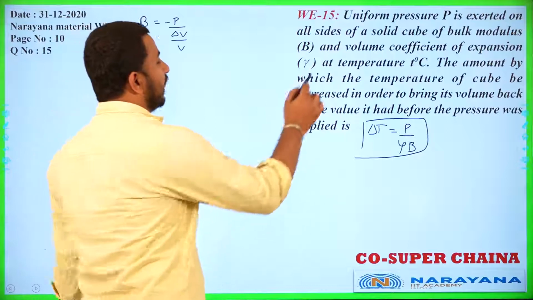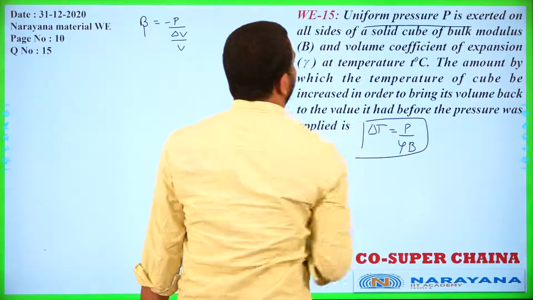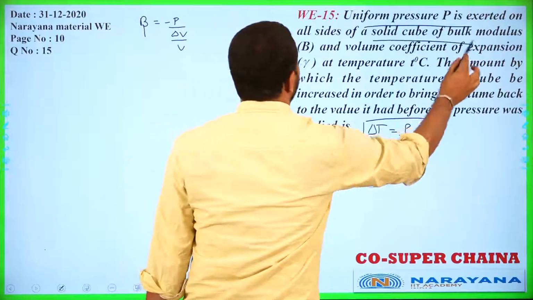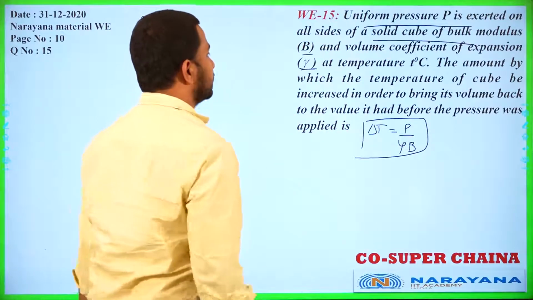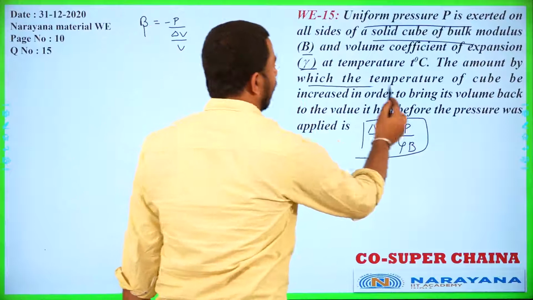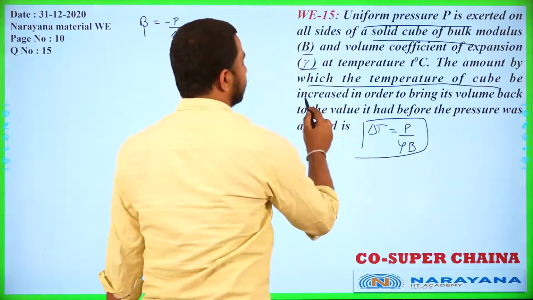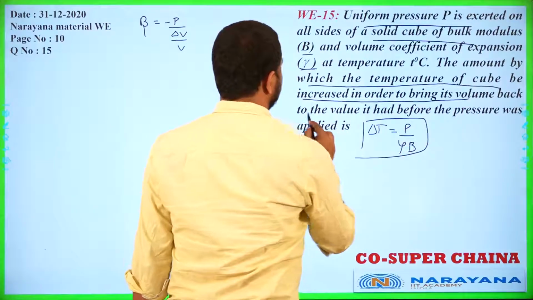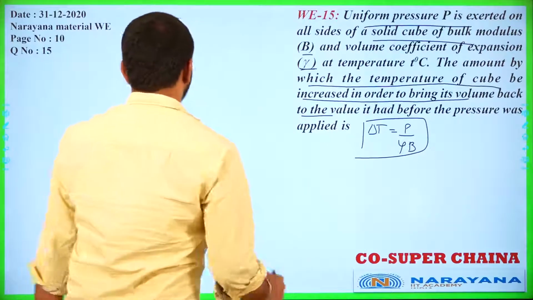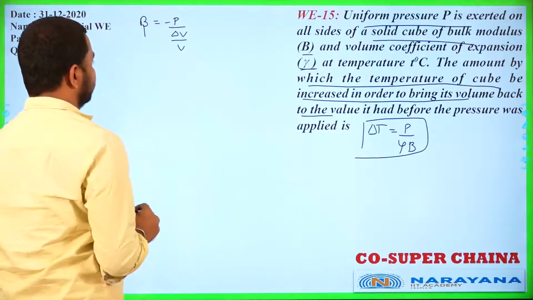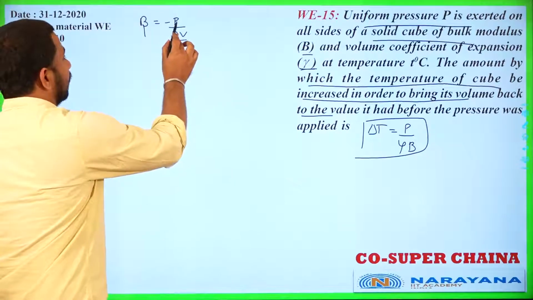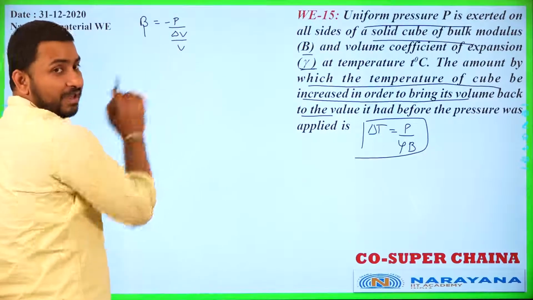Students, here we are given a solid cube having bulk modulus B, and the coefficient of expansion is given. We need the amount by which the temperature of the cube must be increased to bring the volume back. Bulk modulus is related by B equals minus P over (delta V by V).